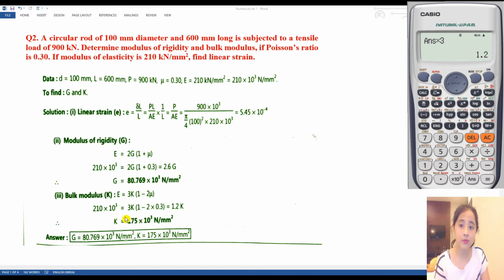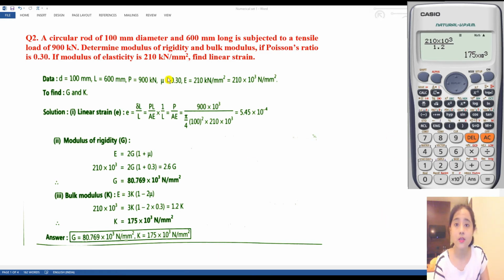So from here we can easily get the value of K. What will be the value of K? K will be equal to 210 into 10 raised to power 3 divided by 1.2. So this is coming equal to 175 into 10 raised to power 3 Newton per mm square. So this is the value of K, which is bulk modulus.